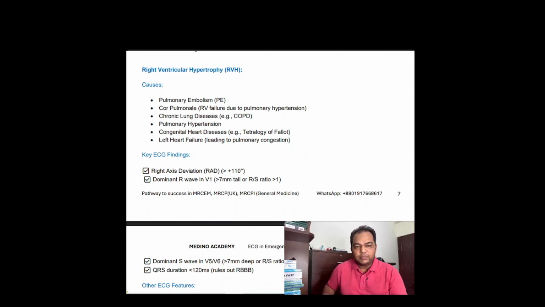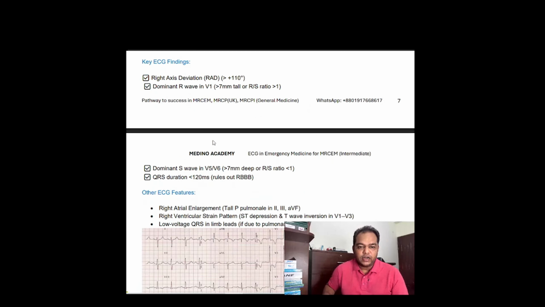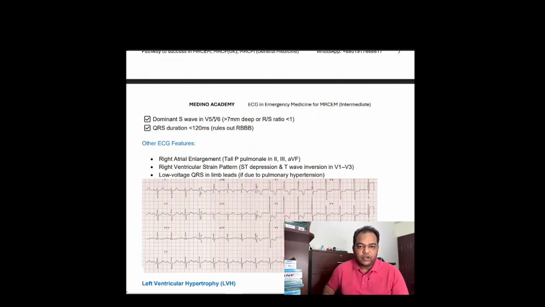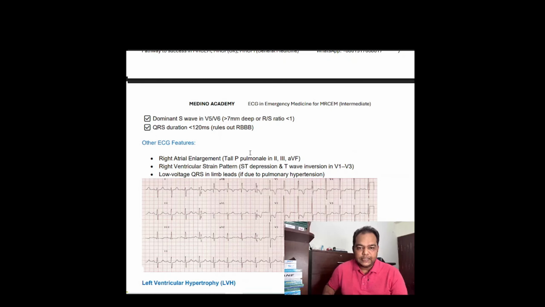Right ventricular hypertrophy ECG findings include right axis deviation and dominant R wave in V1. That means R wave in V1 is more than 7 small squares, and dominant S wave in V5 or V6, that means the depth of the S wave is more than 7 small squares in V5 or V6.